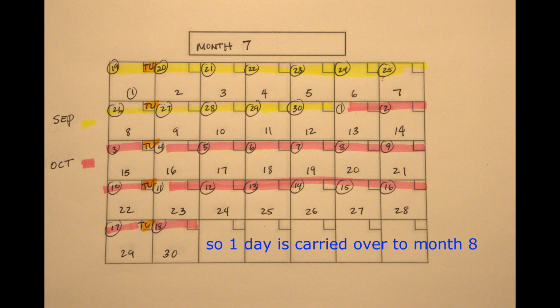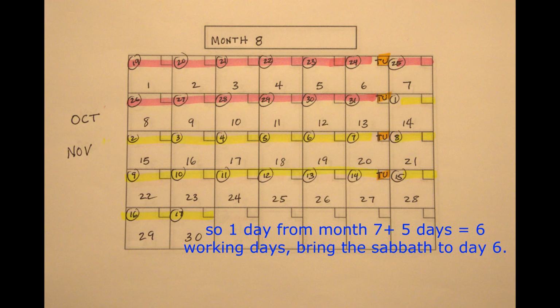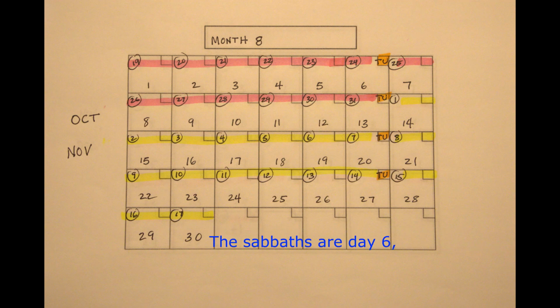So 1 day is carried over to month 8. The 1 day from month 7 plus 5 days equals 6 working days, which brings a Sabbath day to Day 6. The Sabbath days are Day 6, 13, 20, 27.